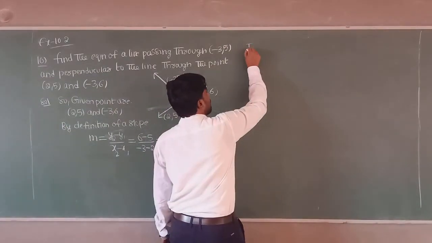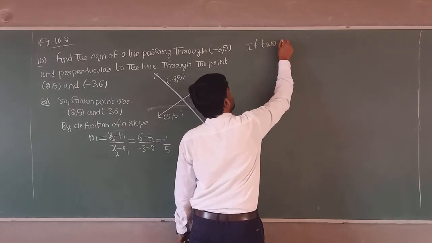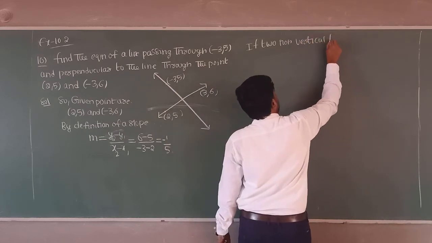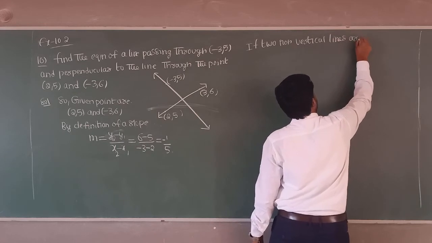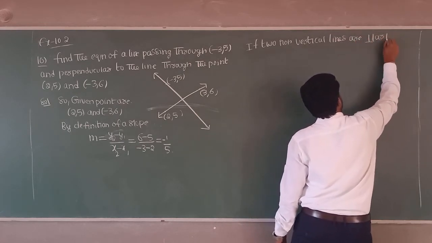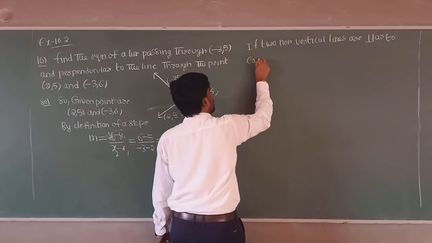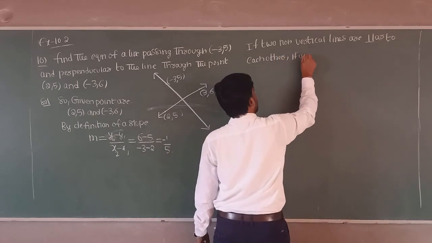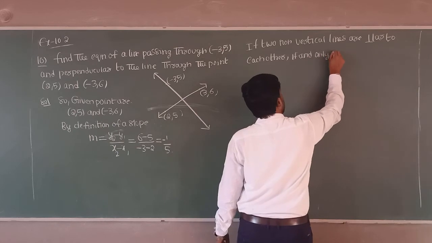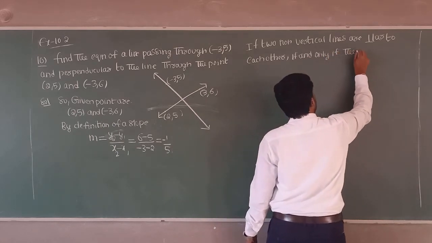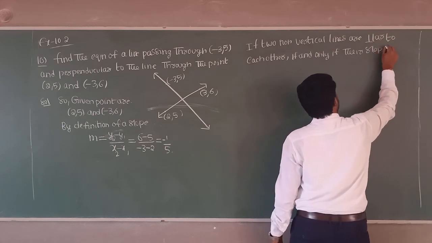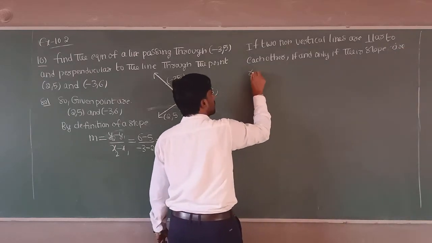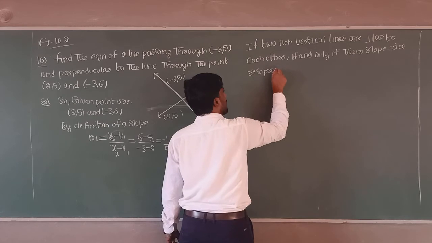So here I have to write the statement. If two non-vertical lines are perpendicular to each other if and only if their slopes are reciprocal to each other.